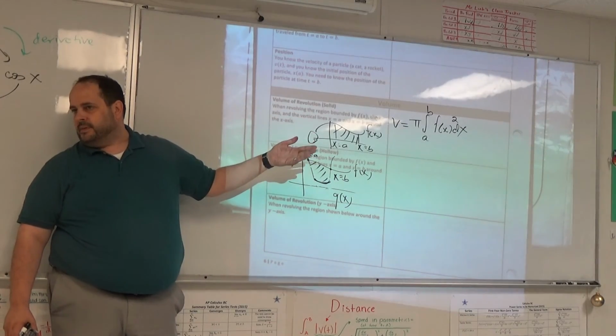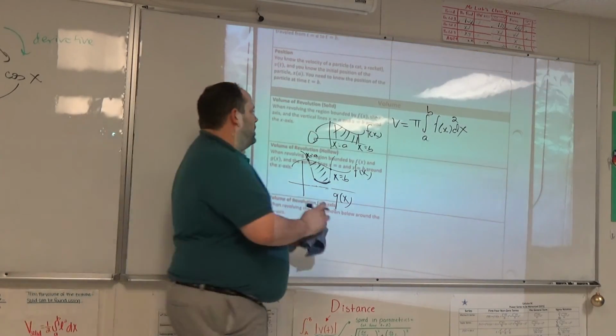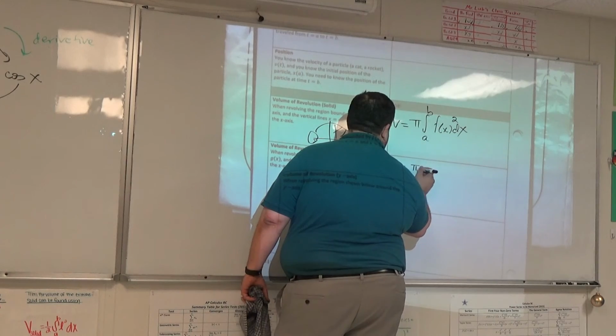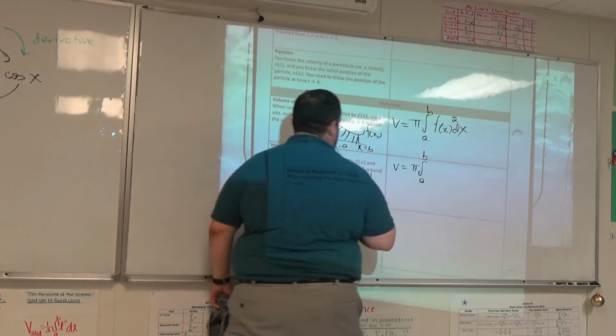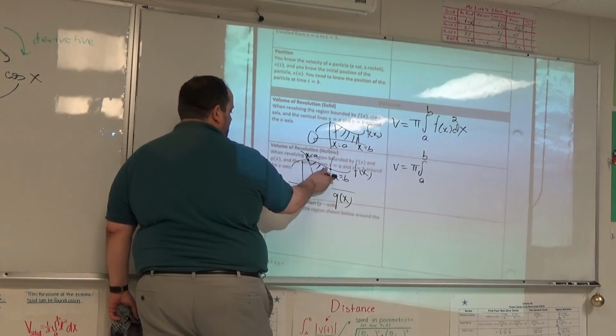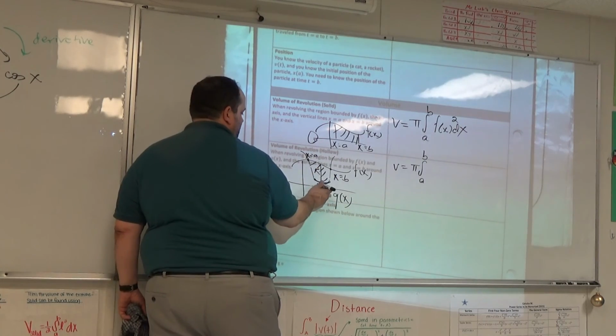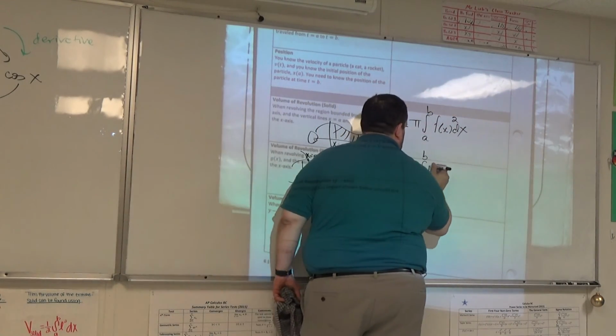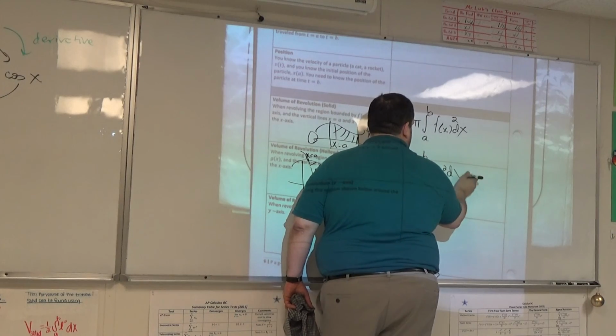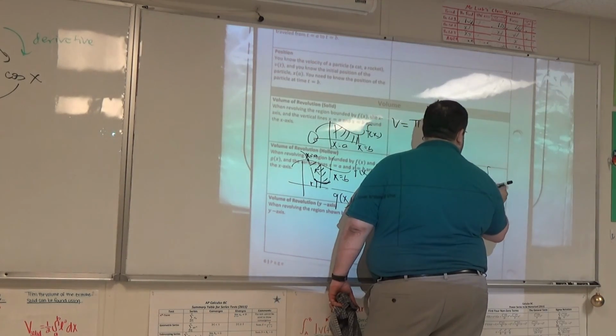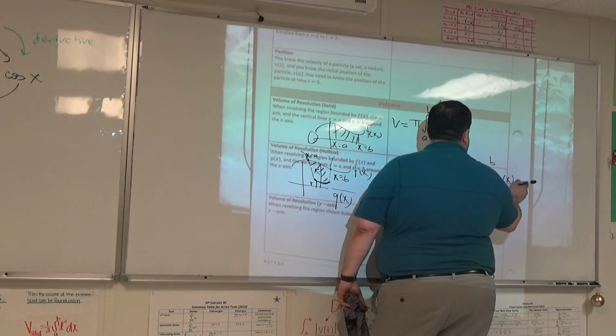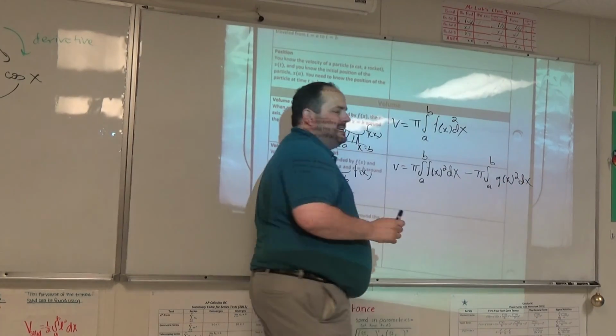And the answer here? Hollow. So if it's hollow, you're going to say it's pi, the integral from a to b. You find your big radius, there's big R. You find your small radius. So it's f of x, the whole thing squared, dx, minus pi, the integral from a to b, g of x, the whole thing squared, dx.